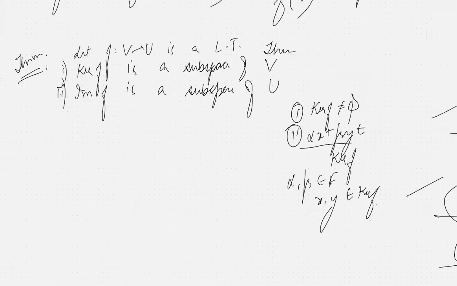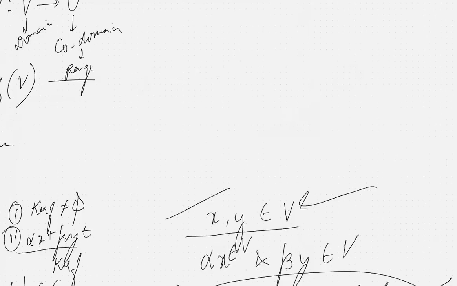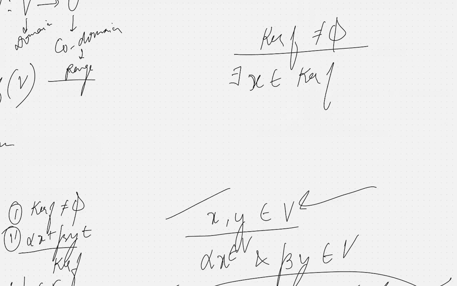How can we prove that kernel f is not equal to phi? To prove this, we will have to show that there exists some element x that belongs to kernel f. If some element belongs to kernel f, that means f of x should be equal to 0. And we know that f of 0 is equal to 0.